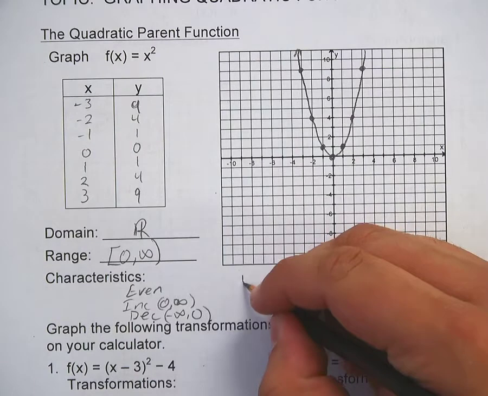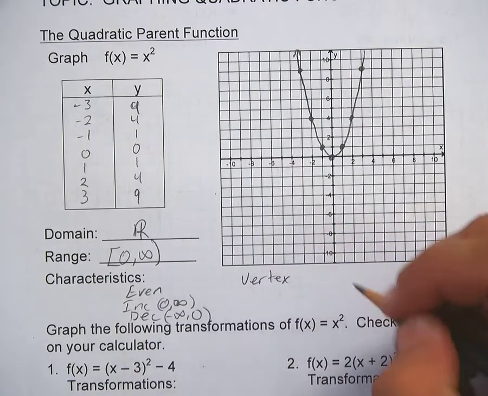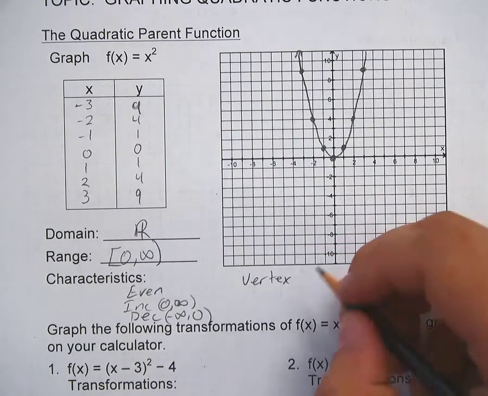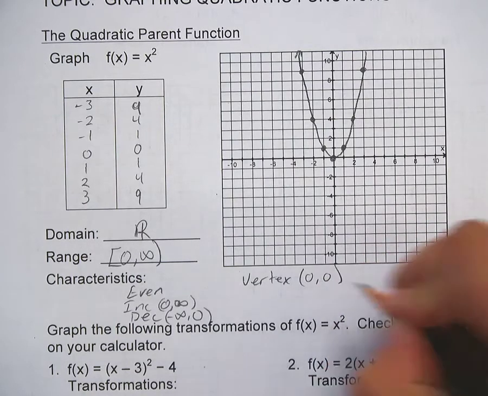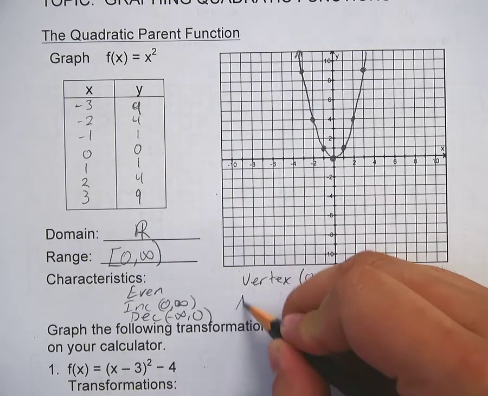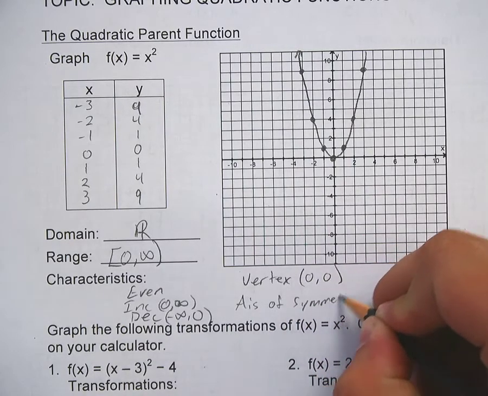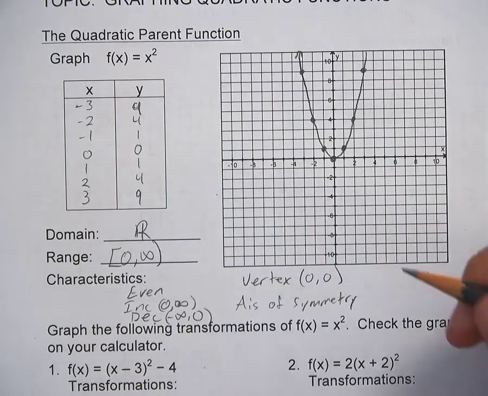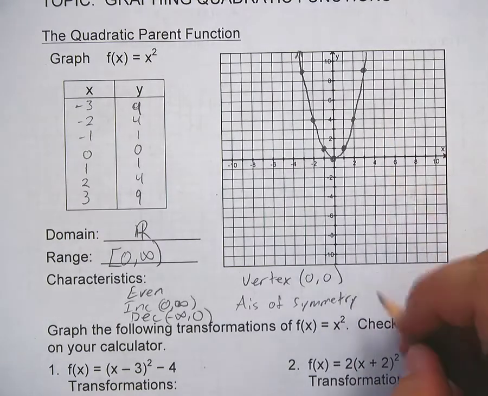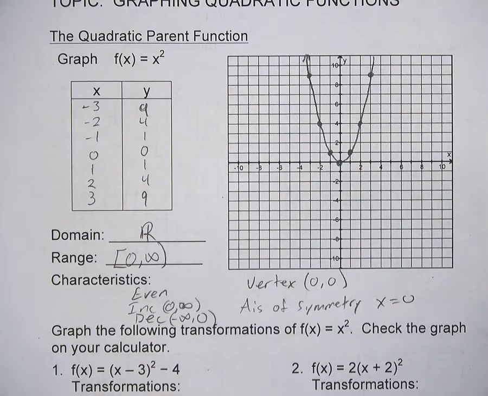What else? You have a vertex, which happens at (0, 0). And you have an axis of symmetry, which means it is symmetrical across the y-axis, which happens to be x equals 0.